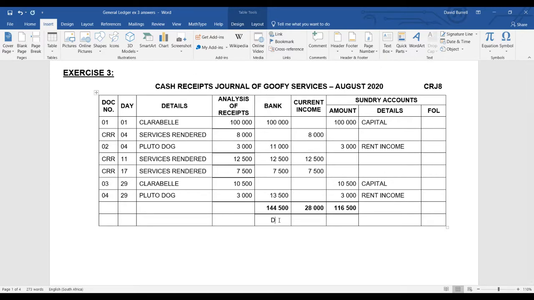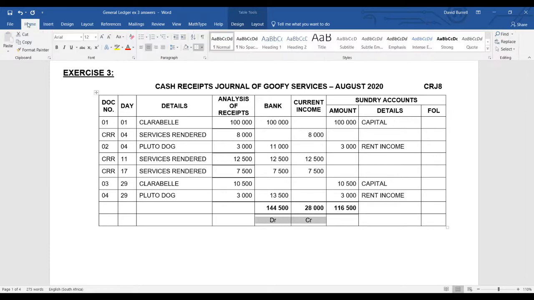So at the bottom here, I'm going to write debit in the bank account, and we would credit all other accounts. So we would credit current income, and that's where we have the totals of bank and current income. So it's a debit to bank, we credit anything else. So we've got those two over there that I've highlighted for the moment. That's really, really important. Debit bank, credit everything else.